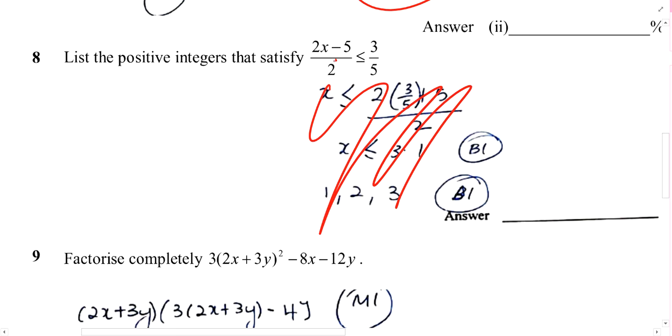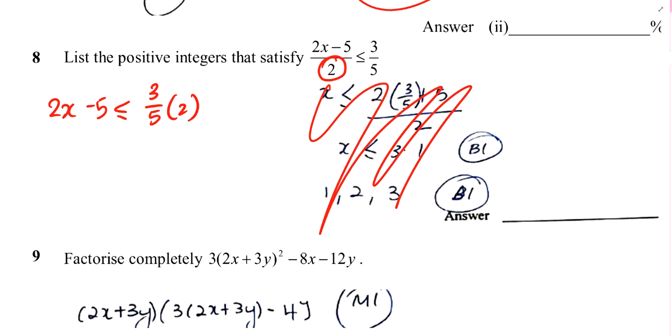Okay, how do we get rid of this 2 over here? Times 2. Okay, I times 2 to both sides. So I end up with 2x minus 5 less than or equal to 3 over 5 times 2. Hey, I multiplied by a number. Do I need to flip the sign? Do you know what I'm talking about?